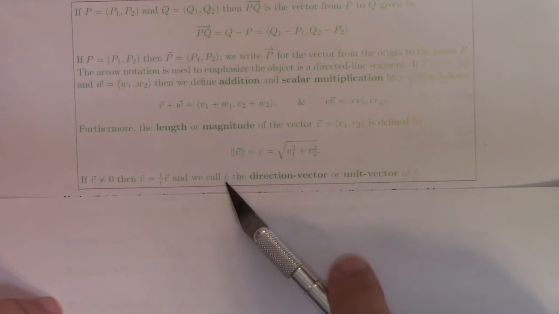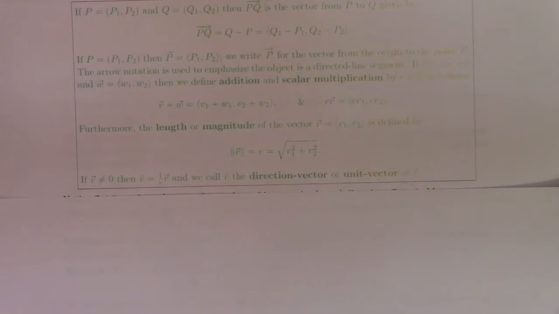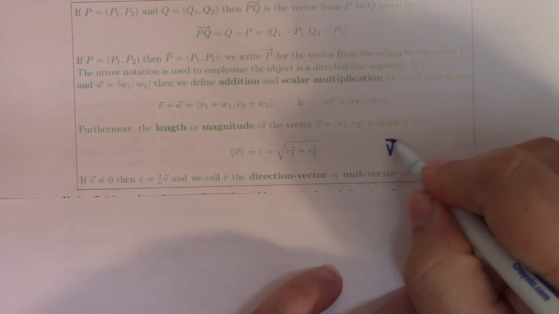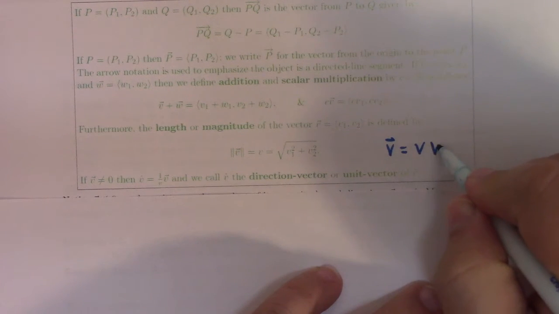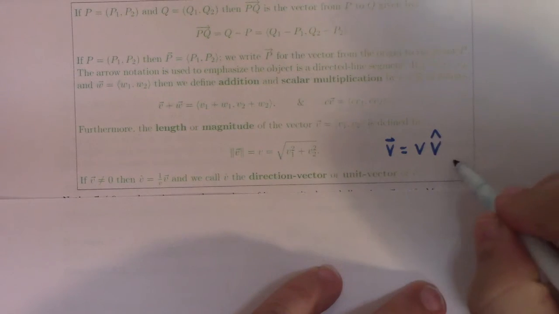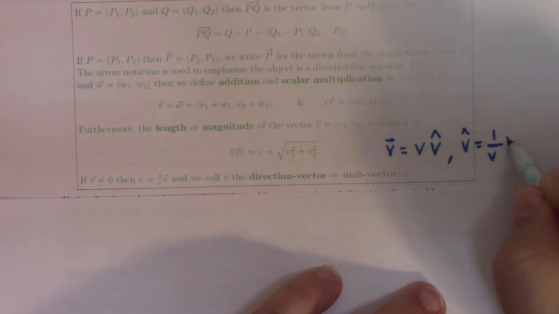And anyway, v hat, it hasn't come out very well here, but v with a hat over it. Here, I'll write it again. So, vector v is equal to the magnitude times its unit vector, v hat. Here, v hat is 1 over the length of v times the vector v.